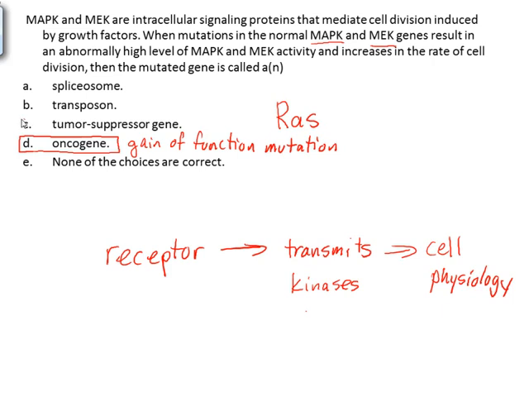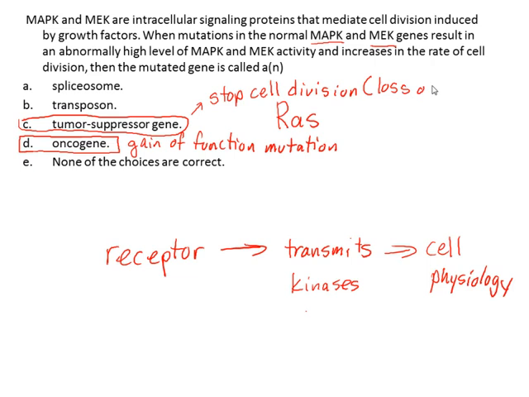We're also going to look at a second class of genes called tumor suppressor genes. The products of these genes stop cell division. In many cancers, we lose the activity of tumor suppressor genes, so we would consider them loss of function mutations.